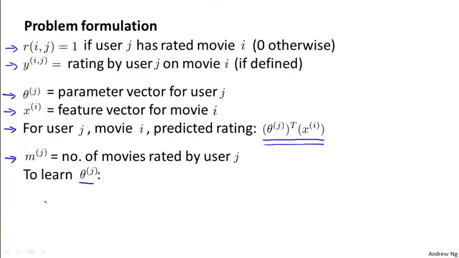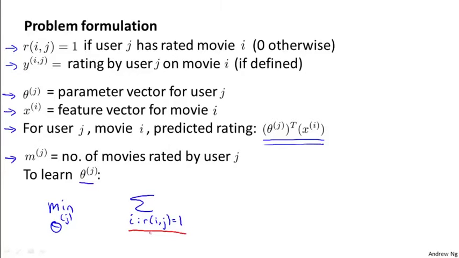So let's write that down. In order to learn the parameter vector theta j, let's minimize over my parameter vector theta j the sum, and I want to sum over all movies that user j has rated. So we write this as the sum over all values of i such that r(i,j) equals 1. The way to read this summation index is, this is summation over all the values of i so that r(i,j) is equal to 1.